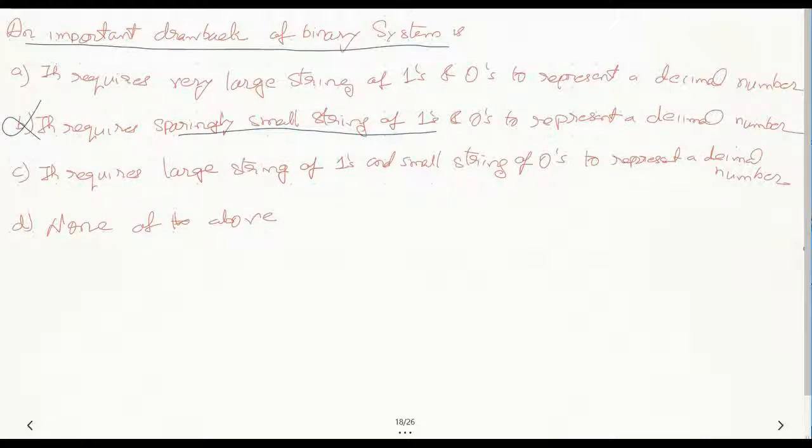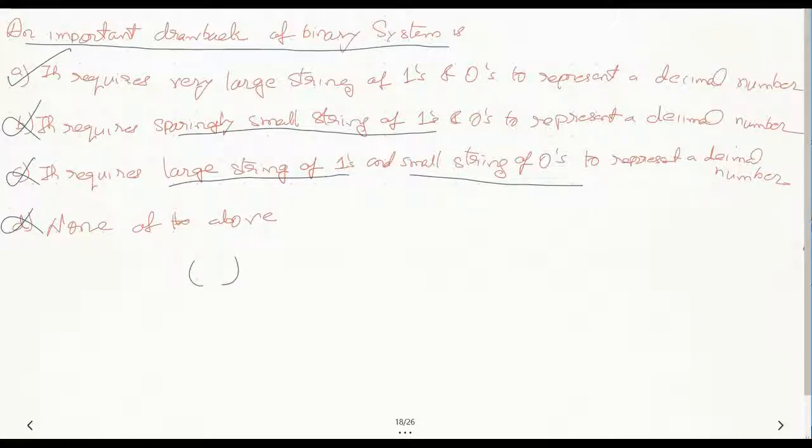It requires a large number of ones and small number of zeros to represent a decimal number. This is not true because we are not sure how many ones and zeros will actually be used. So this is also wrong, and because one of the options is matching, none of the above is also false. So the correct answer is that it requires very large strings of ones and zeros to represent a decimal number, and it is true.